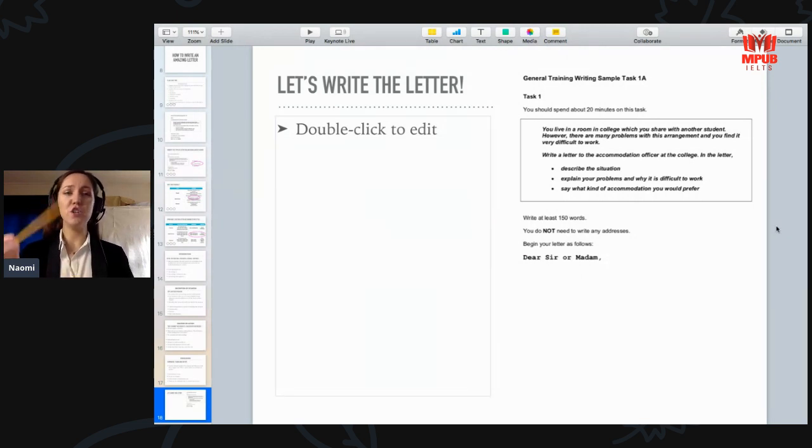So you won't be able to use word count or anything like that. You need to get used to actually counting your words, because if you don't write 150 words, you will get your points marked down.